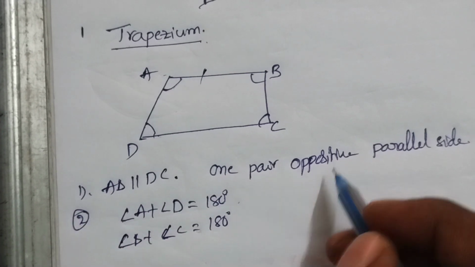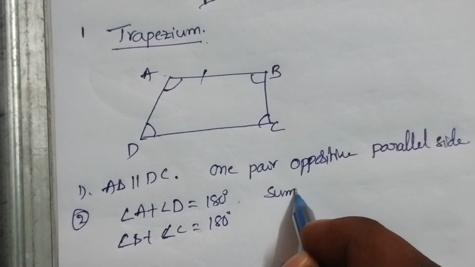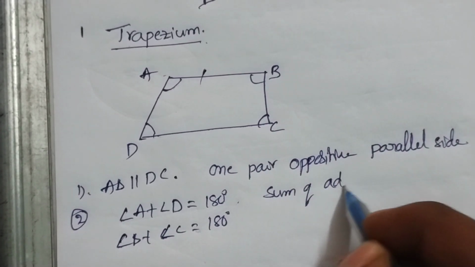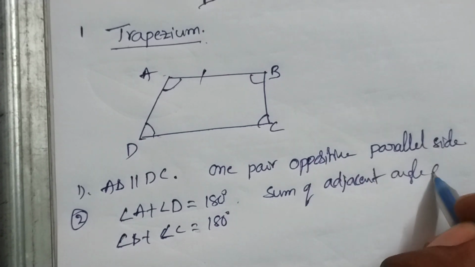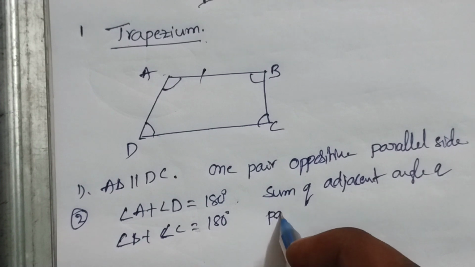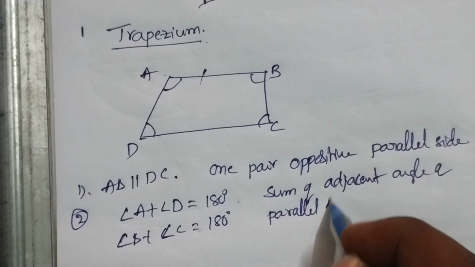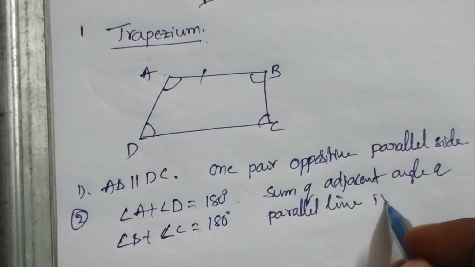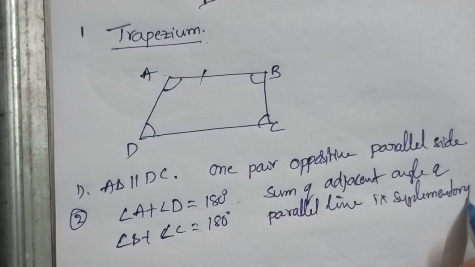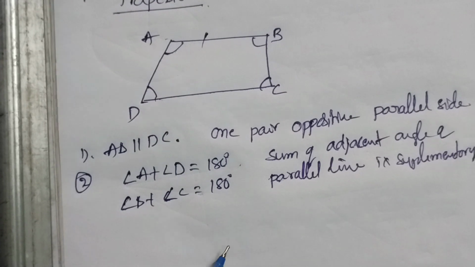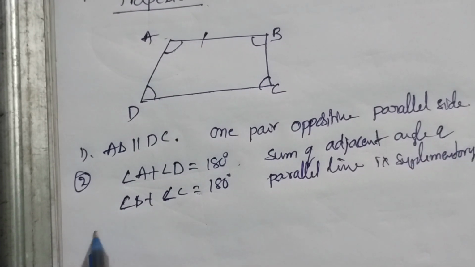So this is the second property: the sum of adjacent angles between parallel lines is supplementary. Those are the two properties of the trapezium.